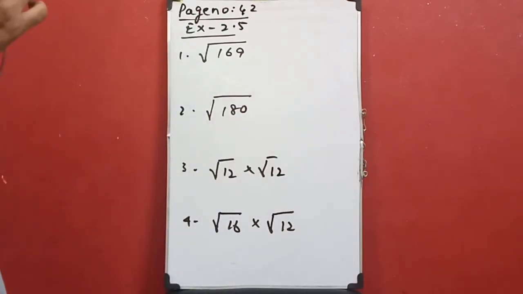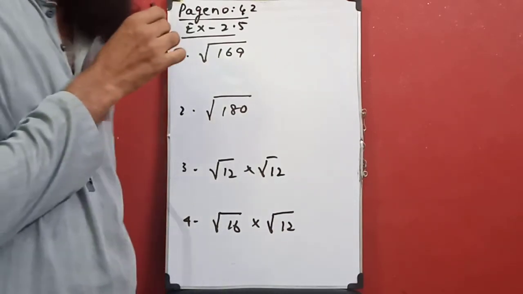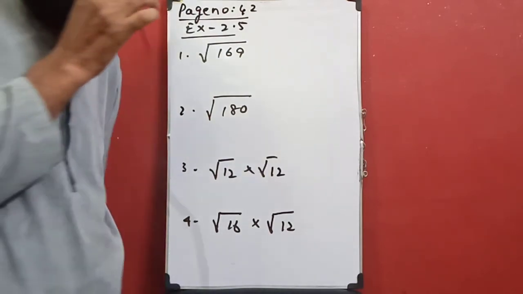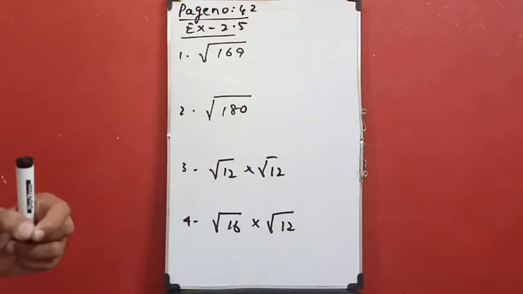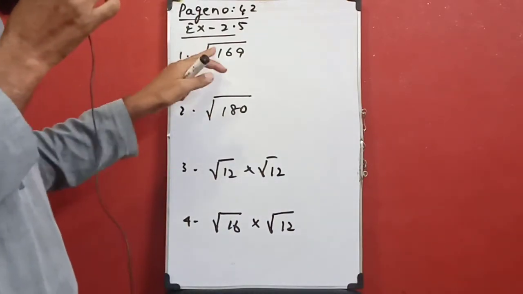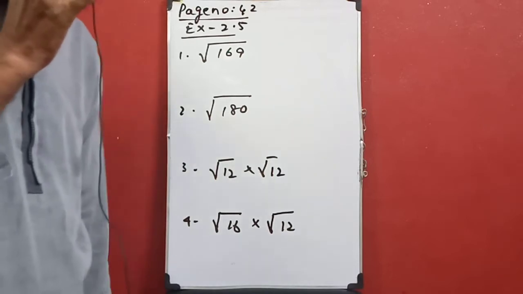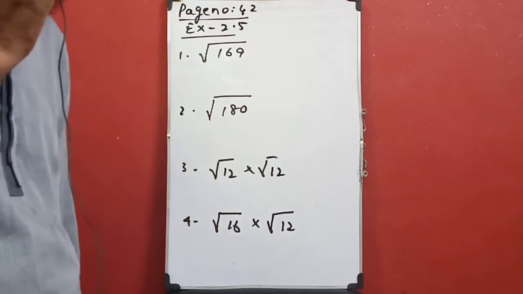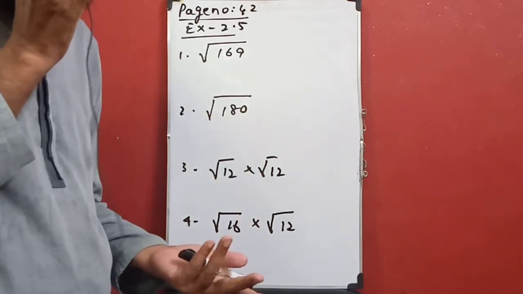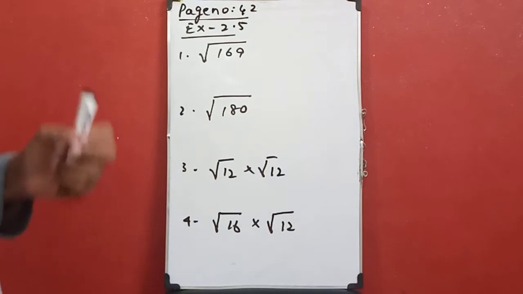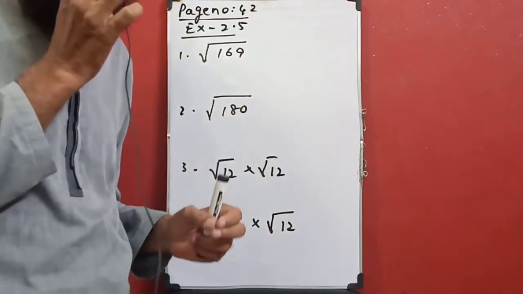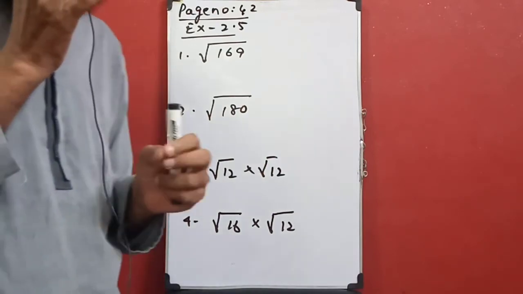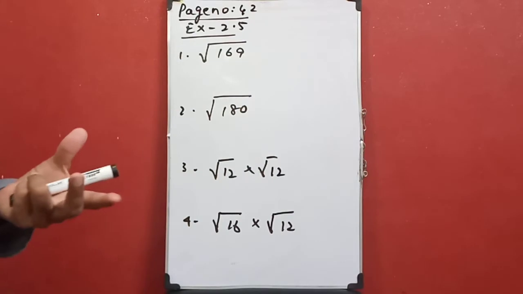Okay, now come to page number 42 of your book, exercise number 2.5, question number 1. First of all, keep in your mind what is the meaning of the radical sign. Radical sign is also known as the square root of that number. So, if any number is present under the radical sign, we find the square root of the number.